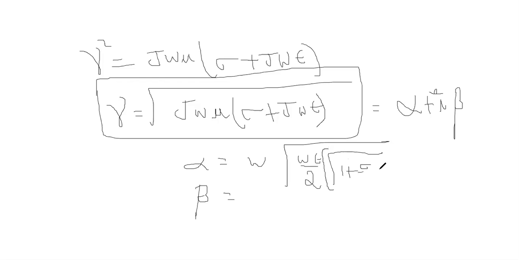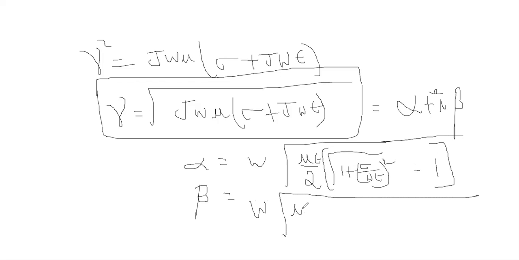Alpha is omega under root of mu epsilon by 2, multiplied by under root of 1 plus sigma by omega epsilon whole square minus 1. And beta is also omega under root of mu epsilon by 2, multiplied by under root of 1 plus sigma by omega epsilon whole square plus 1.